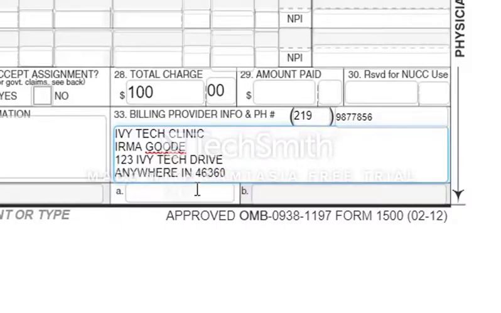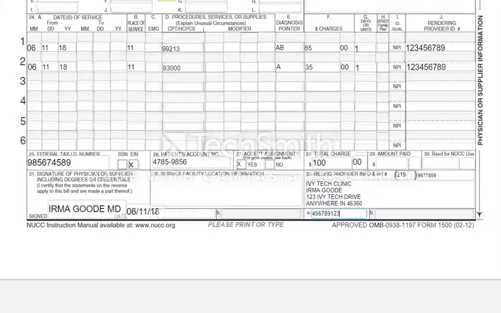We are going to use that 5-digit zip code unless there is a 9, and we will use the hyphen at that point. Also, do not forget that NPI number. Next up is going to be workers' compensation.